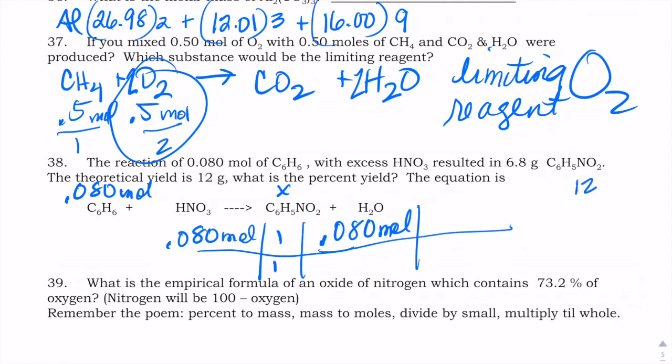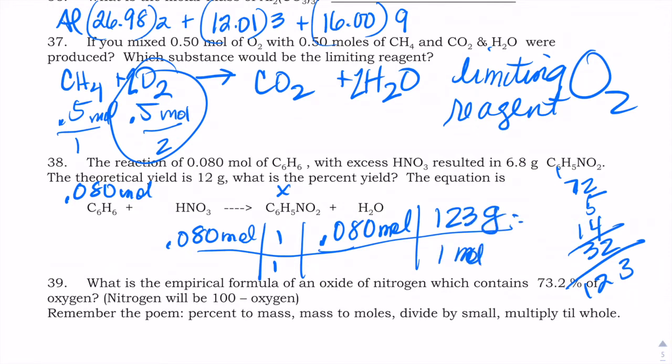So 12 grams times 6 is 72, plus 5 hydrogens, plus a nitrogen, plus 2 oxygens. 5, 6, 7, 8, 9, 10, 11, 12, 13, 123.